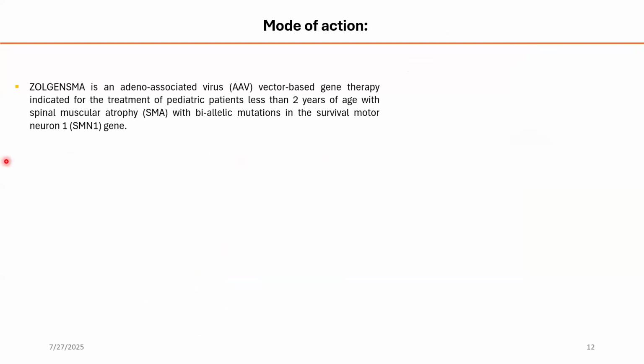What is the mode of action? This product uses an adeno-associated viral vector-based gene therapy, which is used for the treatment of pediatric patients less than 2 years of age with spinal muscular atrophy with biallelic mutation in the survival motor neuron SMN1 gene.